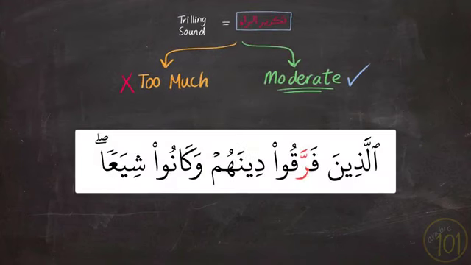Let's listen to these examples. الذين فرقوا دينهم وكانوا شيعا. Here it is clear that I added too much trilling to the ra. فرقوا. Now that is disturbing and it doesn't sound correct. So it should be الذين فرقوا.